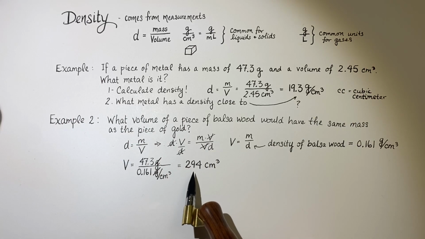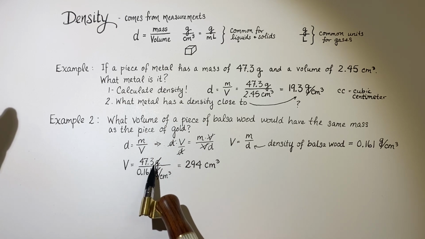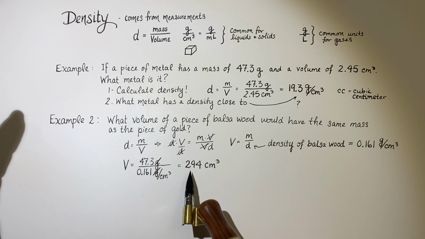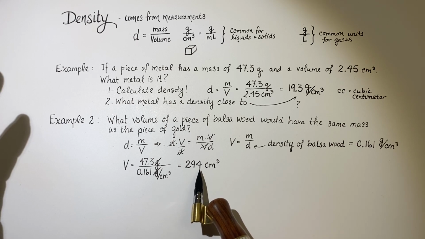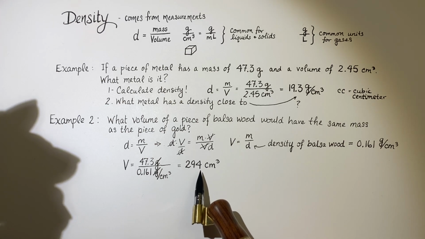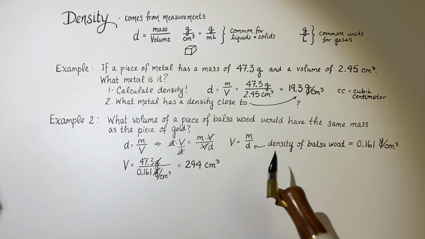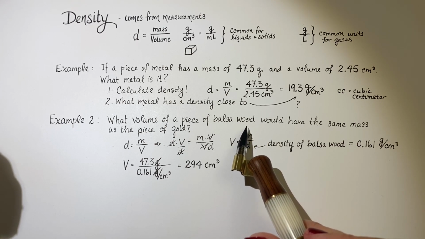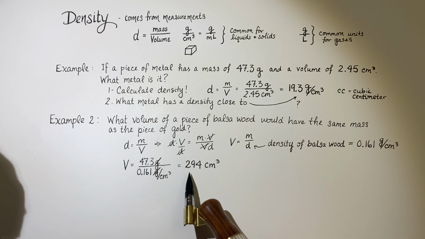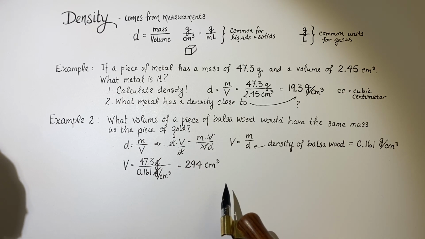Meanwhile, this piece of balsa wood, to have that same mass, has to be about 100 times bigger. Over 100 times larger. Okay, because balsa wood is so much less dense, so you need a lot more of it, a lot bigger volume, in order to get that same mass.